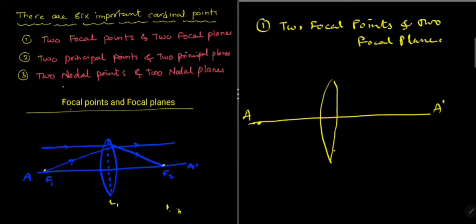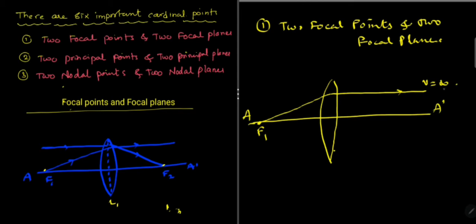From that point I take one incident ray, it is incident on the first surface and refracted from the second surface parallel to the principal axis. This point is called the focal point F1, and the image is formed at infinity.